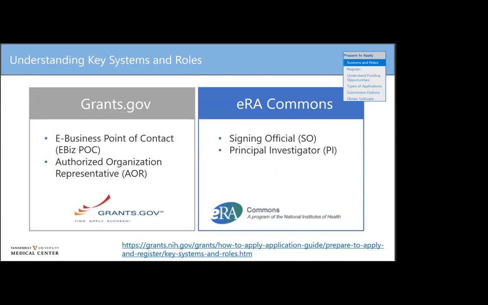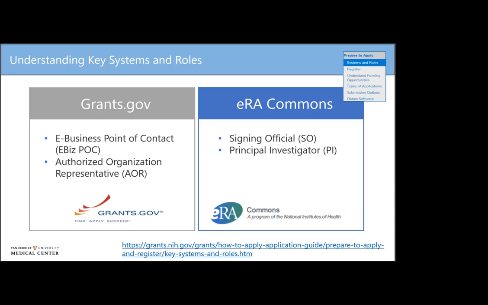So there are two main systems involved in the NIH grant application process. There's grants.gov and ERA Commons. Each system has its own registration and terminologies. Grants.gov is the online portal used by all federal agencies.